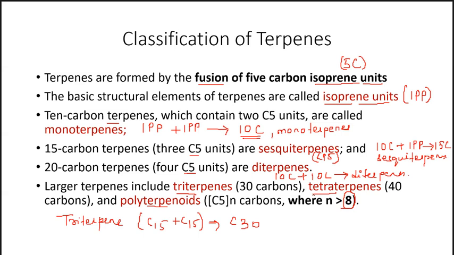In tetraterpenes, how many isoprene units are there? In tetraterpenes, there are 8 isoprene units, like 20 plus 20.